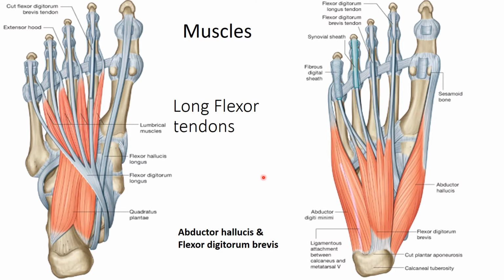And finally, about the muscles, as we already know, muscles are indispensable to the maintenance of this medial longitudinal arch, and the most important muscle, which is most efficient in maintaining this arch, is the tendon of flexor hallucis longus and the slips that it gives to the medial two digits.